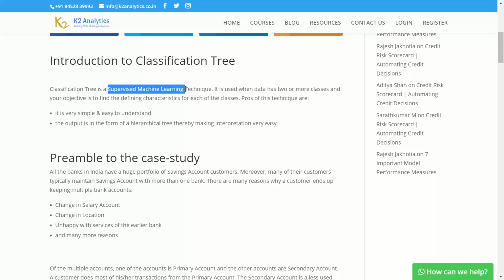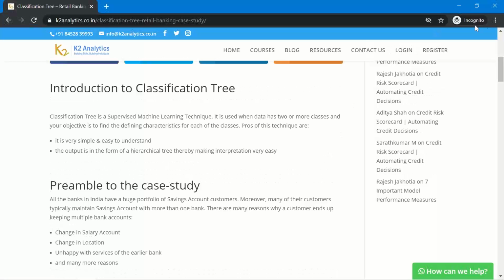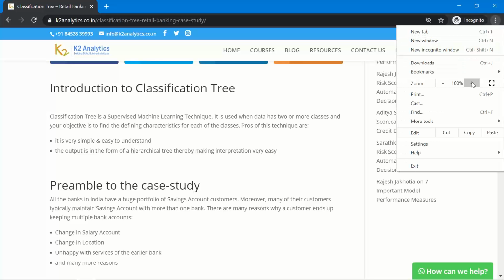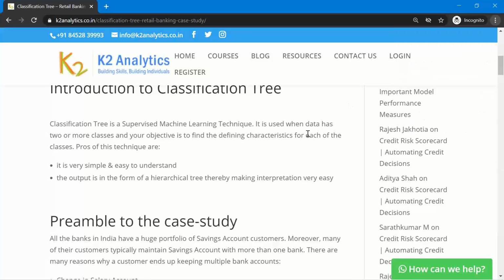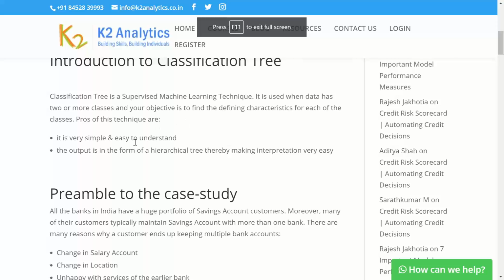One of the reasons why the classification technique is the most used, and that is the benefit or the pro of this technique, is that the technique is easy and simple to understand. Let me increase the screen font size. So I was talking about the pros of this technique. The pro of this technique is it is simple and easy to understand.